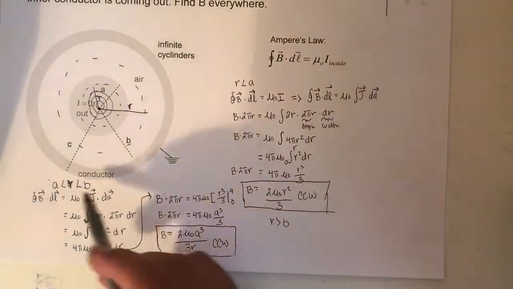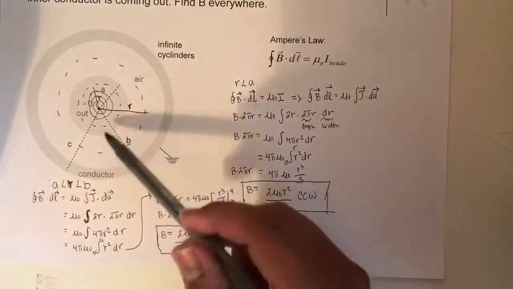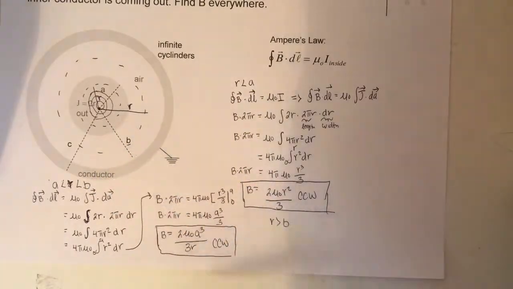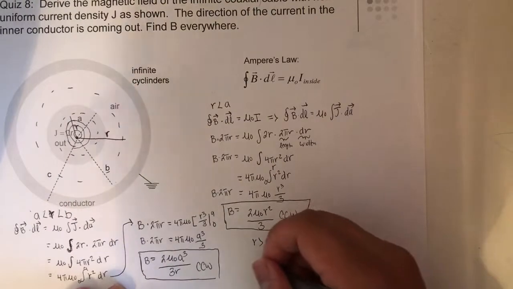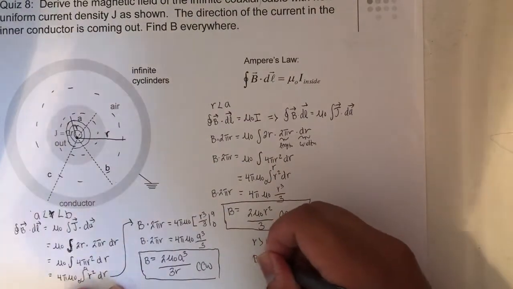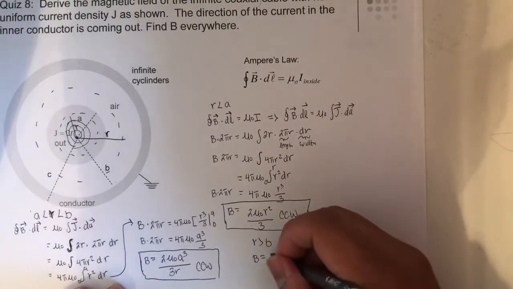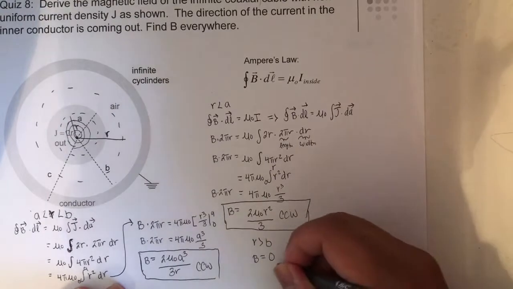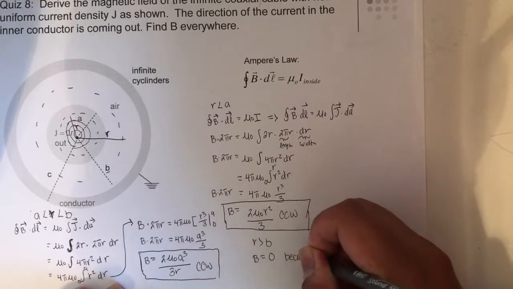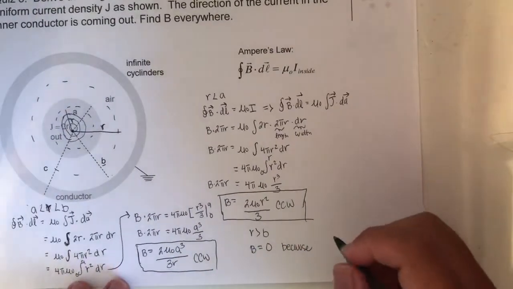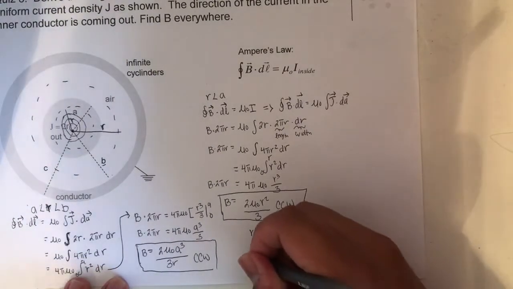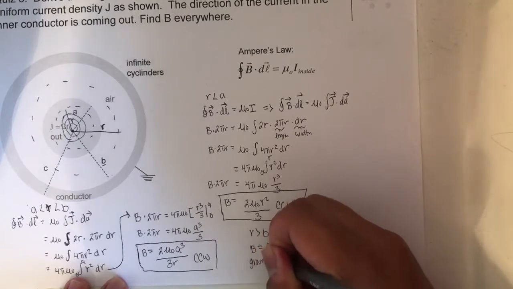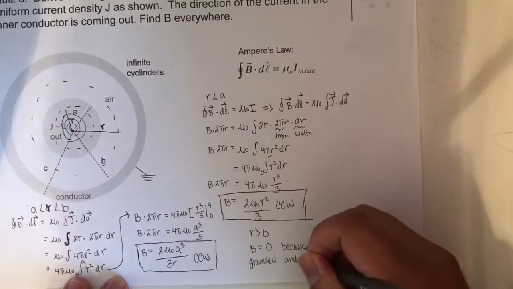We know that the C radius is a conductor, so B is equal to 0 because it is grounded and shielded.